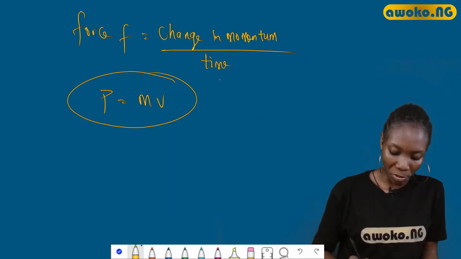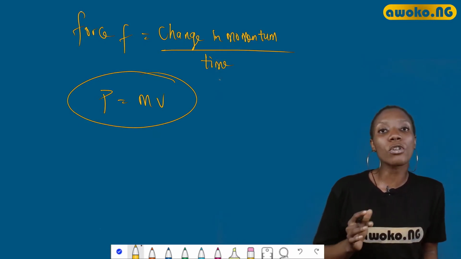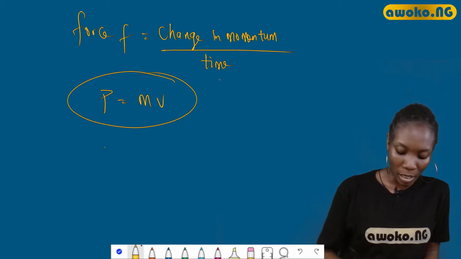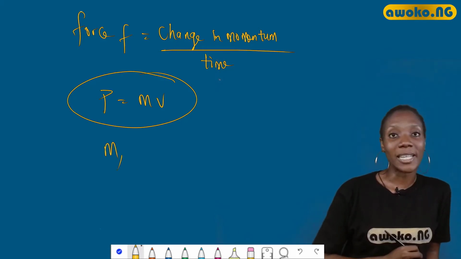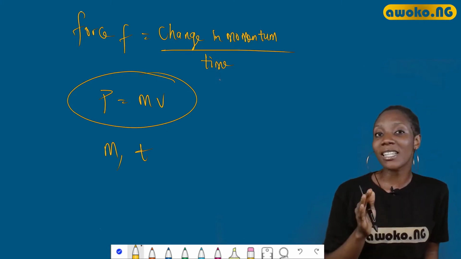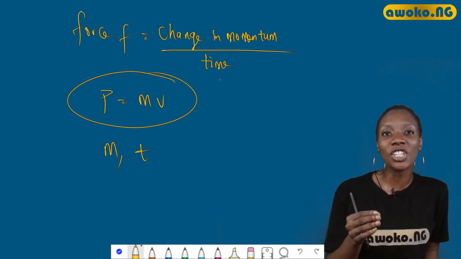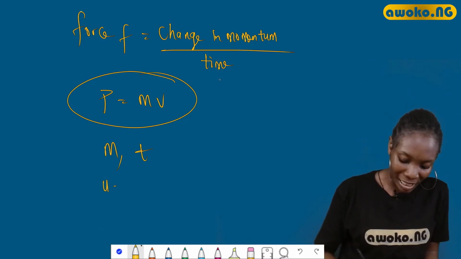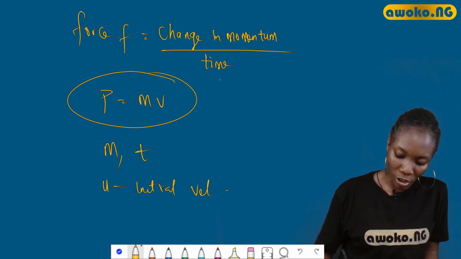So if we rewrite this, suppose a force acts on a body of mass m, let's take that down now, mass m for a particular time t, and it causes it to change its velocity from u to v. U is always the initial velocity of a body. V is the final velocity, always.